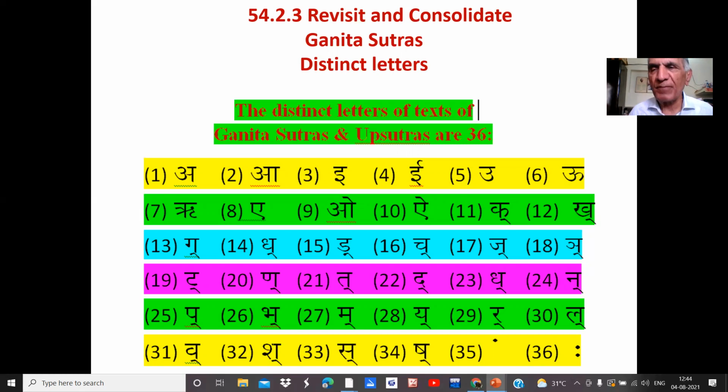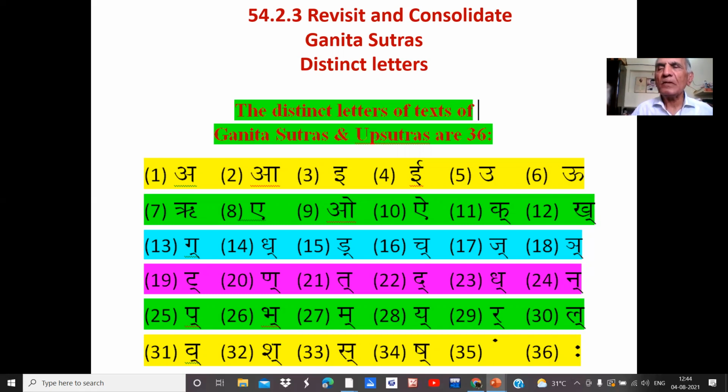Therefore, each aspect of choice to include in the text and choice not to include in the text as well as mathematical, we have to be parallel with this organization. We have to begin, we have to initiate, we have to proceed, we have to progress the way Ganita Sutras are organizing themselves.